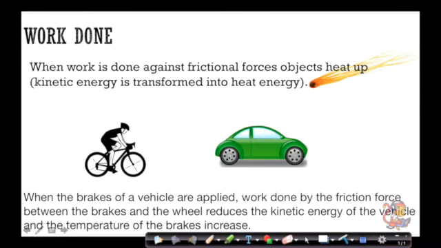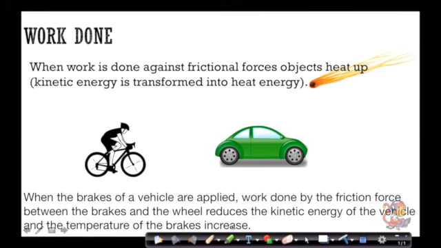Now we've looked at work done in using the equation. Now here I'm just going to introduce a couple more of the difficult parts of work done, which link work done by and against friction to an energy transformation.